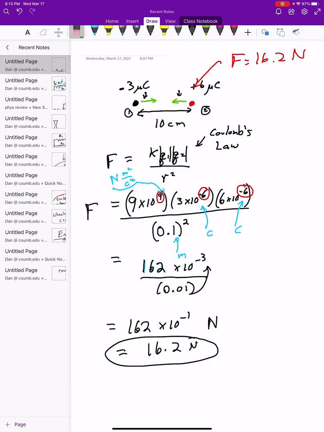I'll just write to the left, because it's attracted to the black charge here. And the black charge experiences a force of 16.2 newtons to the right. Alright, so that is this problem. And we'll be doing other ones similar to it, but I'll be changing different things.